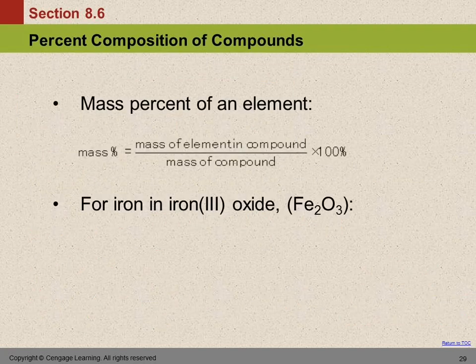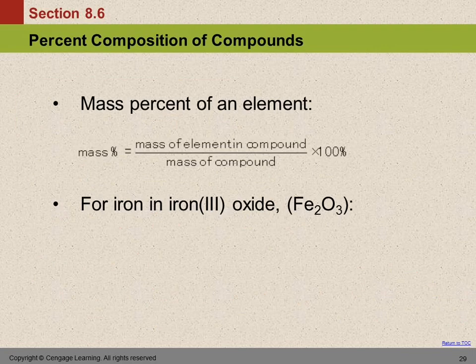We use percentages in chemistry referring to elements and compounds. So same idea here. The mass percent of an element is like figuring out how many boys are in the class, how many grams of this one element is in the mass of the entire compound.